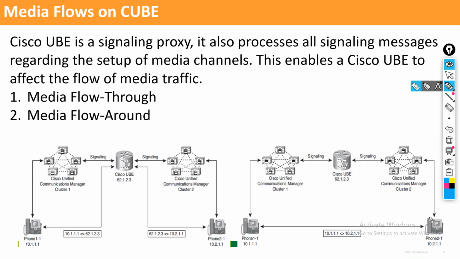So the phone is ringing. That's signaling. Now, once it is answered, RTP is established directly from this phone to this phone. Now, RTP is not going to CUBE.